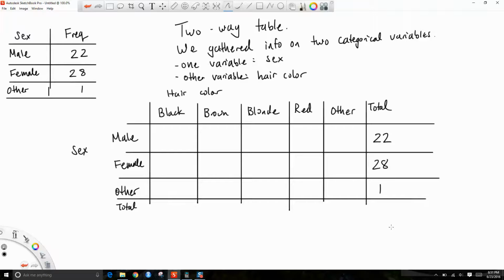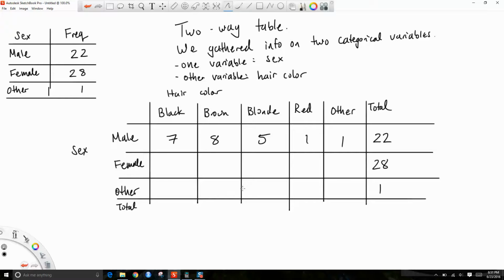And then I don't know what we have for black hair, brown hair, blonde hair, red hair, or other. So let's say we have 7 and 8 and 5 and 1 and 1.